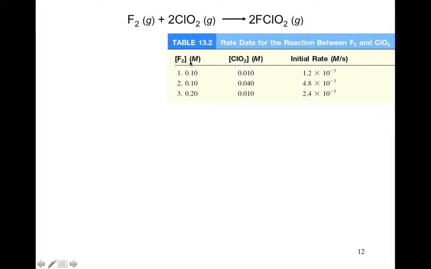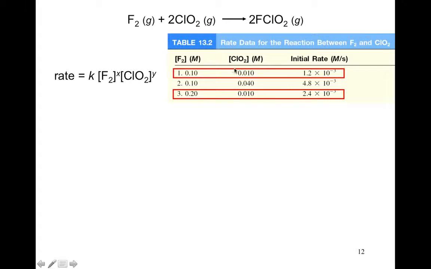And from that information, we can figure out what order our reaction is with respect to fluorine or with respect to what I think is chloride. I hope it's chloride. Maybe I'm messing that up, but here we have it. So our rate is equal to a constant times the fluorine concentration raised to the x times ClO2 raised to the y. We just have to figure out what x and y are.